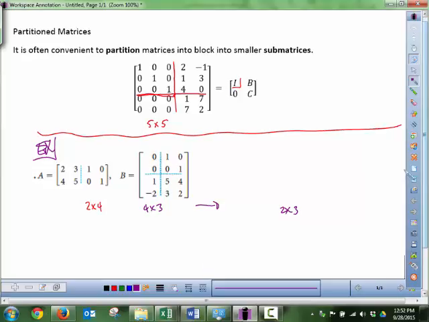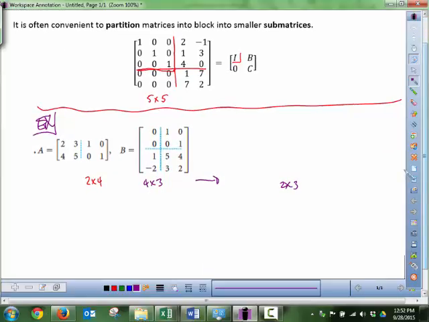Let me go about a longer way of doing this first, and then we'll see if we can find a shortcut. A longer way of thinking about doing this is to actually do the matrix multiplication. So we would do this row and then this column to get our first element. For that row, we have 2 times 0, 3 times 0, 1 times 1, and 0 times 2. So that looks like it's just going to be a 1.